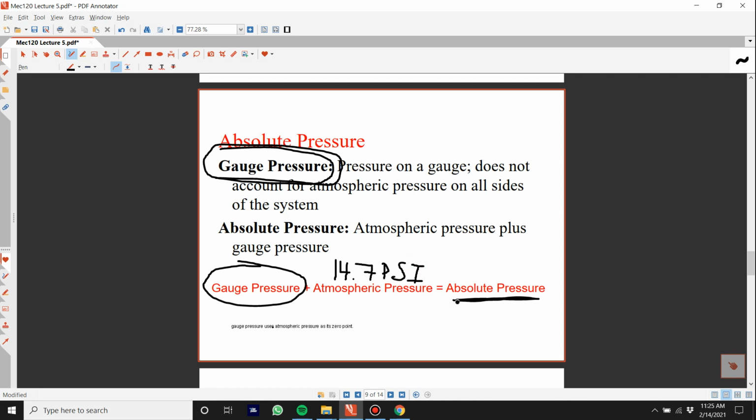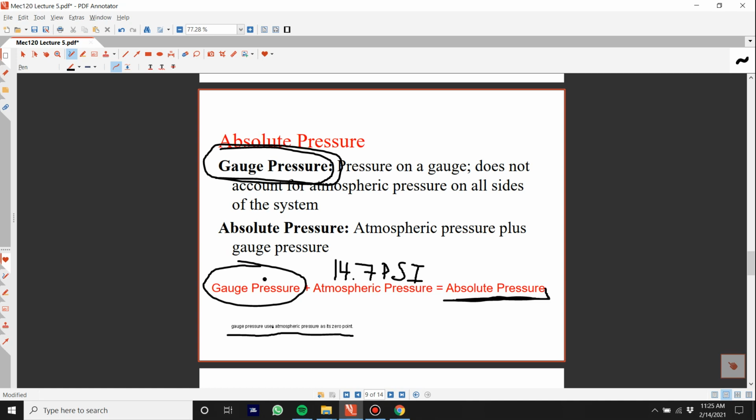So if your gauge is saying 50 psi, and somebody asked you what the absolute pressure is, you would just add 14.7 to it, which would give us 64.7 psi. Gauge pressure uses atmospheric pressure as its 0 point.